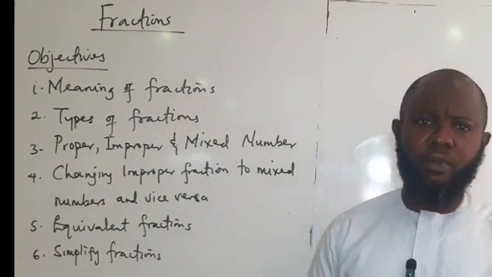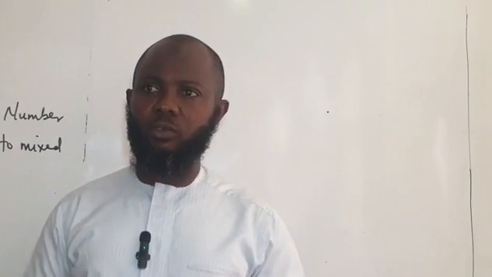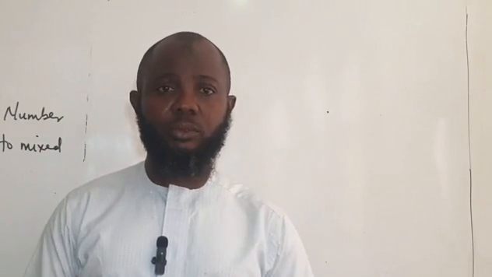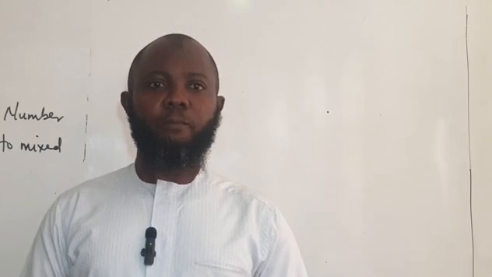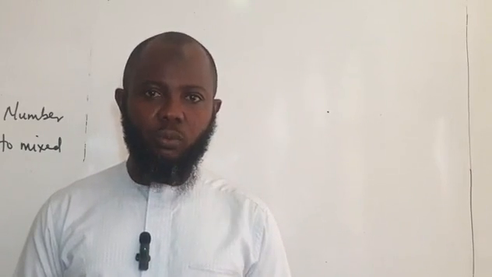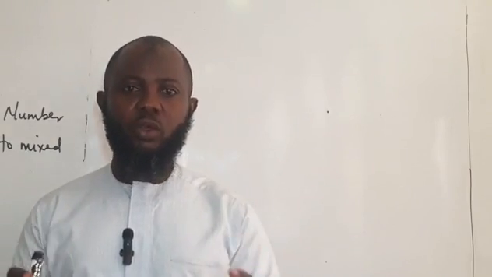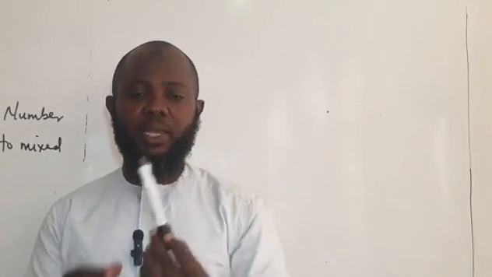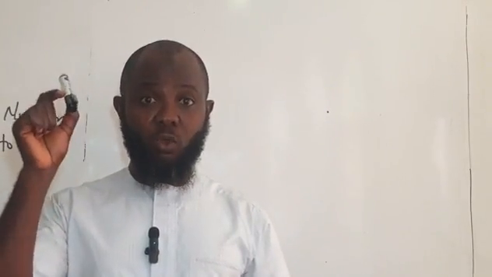When we talk about fraction, you might have come across it in your previous classes, maybe in primary school or wherever. Fractions is talking about parts of a whole. When you have a whole, it means a single something. For example, this is a marker, it is one marker, that is a whole.